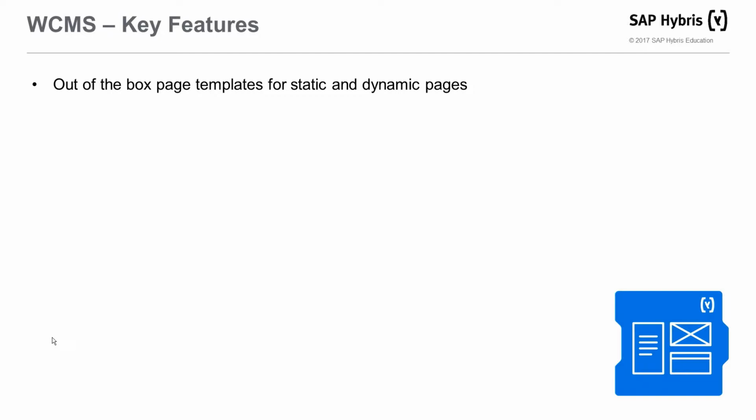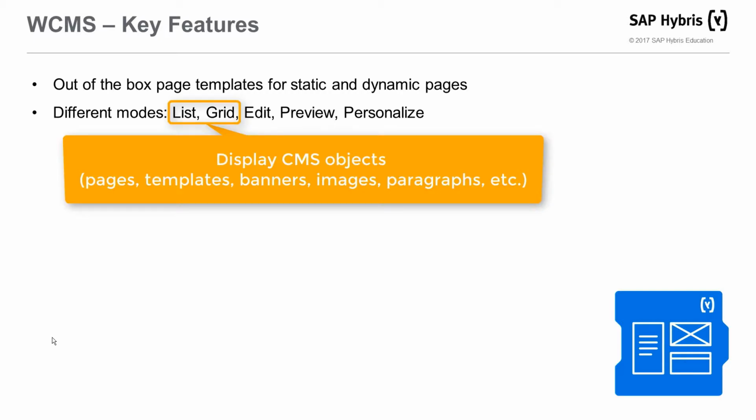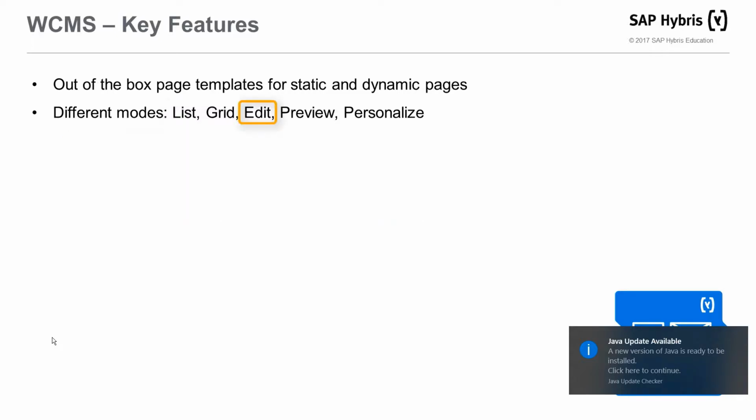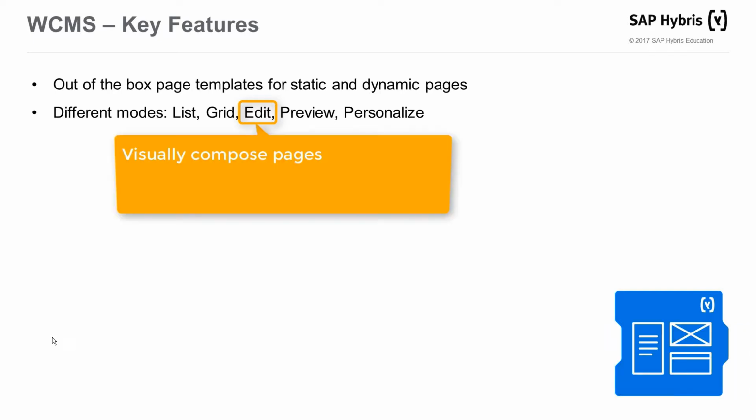Out-of-the-box page templates allow you to easily create static and dynamic pages. Several view modes make content production easier and quicker. For instance, the list and grid view modes display the SAP Hybris Commerce CMS objects, such as pages, templates, banners, images, paragraphs, etc. The edit view mode uses a structural layout that allows you to visually compose pages by adding, rearranging, or creating the CMS components that make up the page.